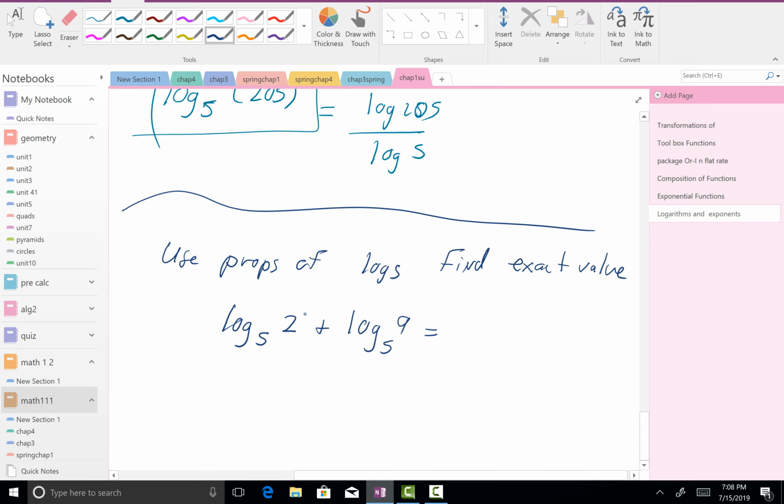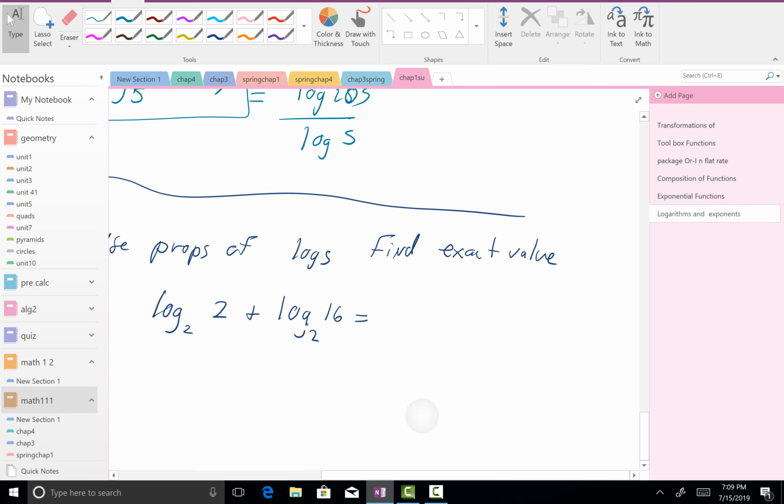No, we better, I'm sorry, I don't want to do that one. Because we need an exact value. Let's get rid of the 5. That's not going to work out too well. Make this a 2 base. So something like this.